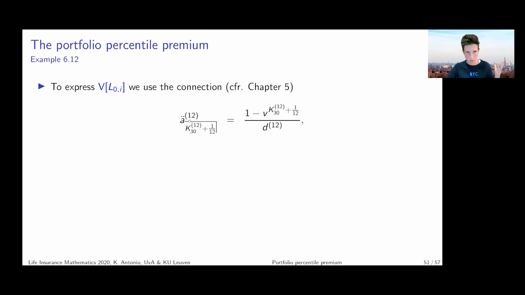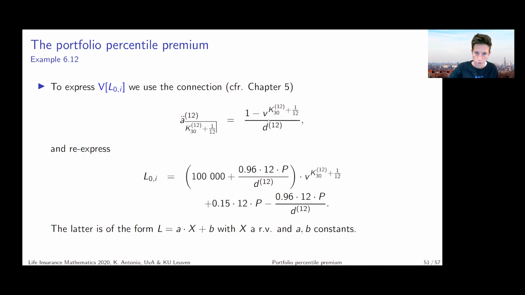This is the connection between the EPV of a life annuity and the EPV of a life insurance product. Of course, here I'm using the random variables underlying these products. This is a connection that we developed earlier on, and it helps me here, because if I replace the present value random variable with this thing, I can more easily work with the variance of this v to the power K something.